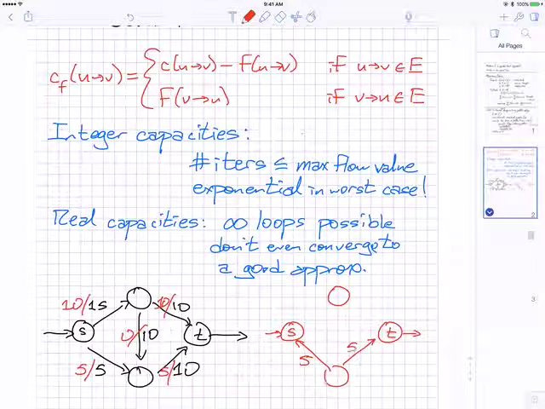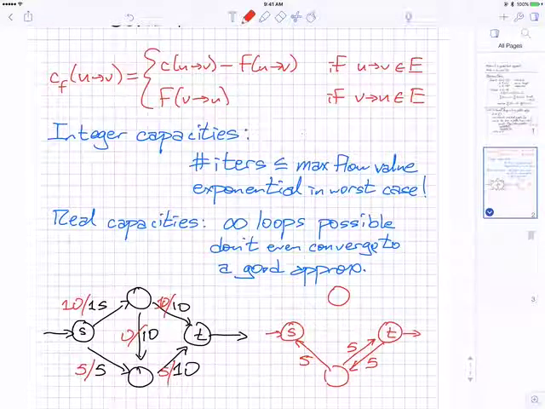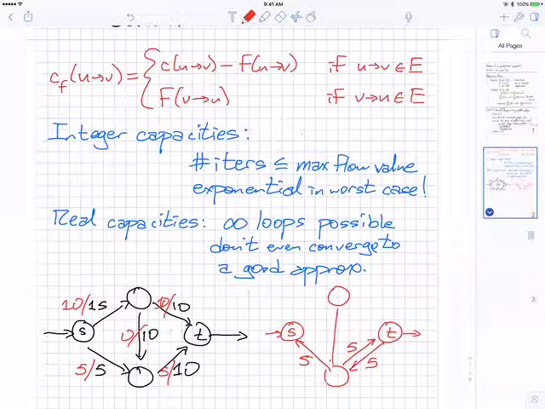In the lower right, I'll have a forward edge with capacity 5 and a backward edge with capacity 5. In the middle here, I'll just have a downward edge with capacity 10. In the upper left, I have a forward edge with capacity 5, since I've got 5 units left, and a backward edge with capacity 10. And finally, in the upper right, I'll have a backward edge with capacity 10.